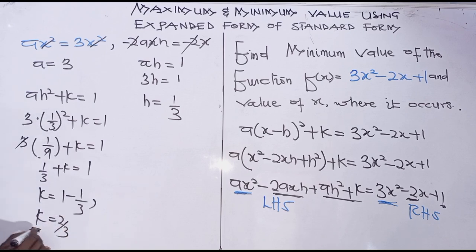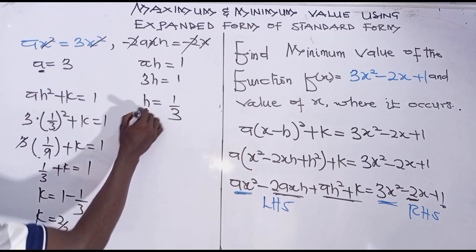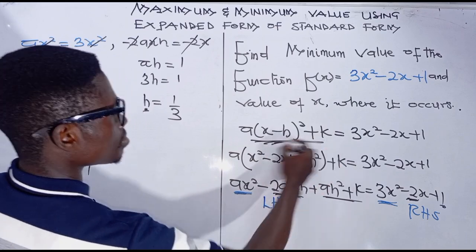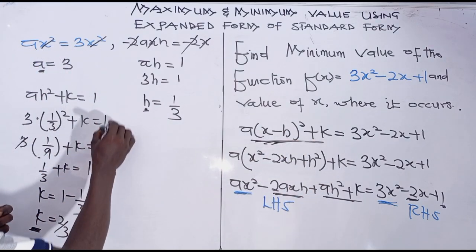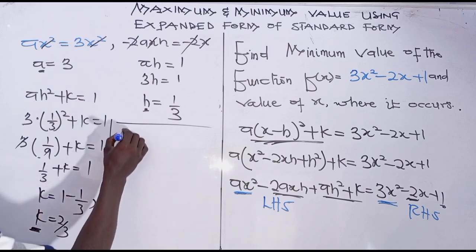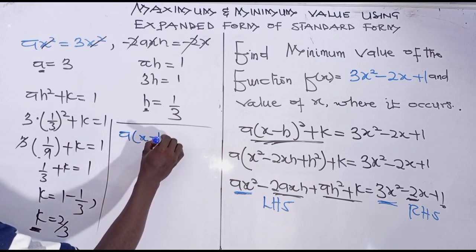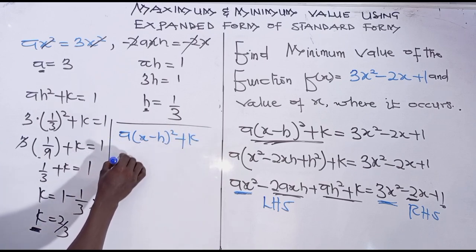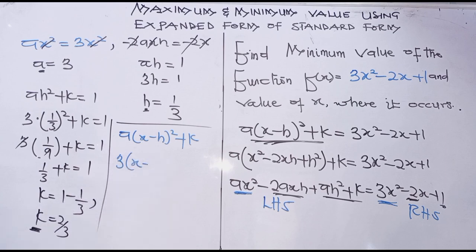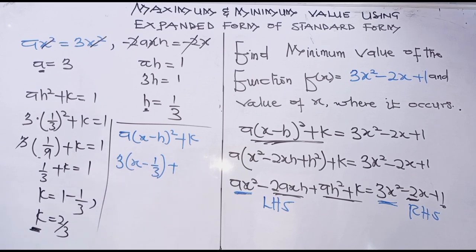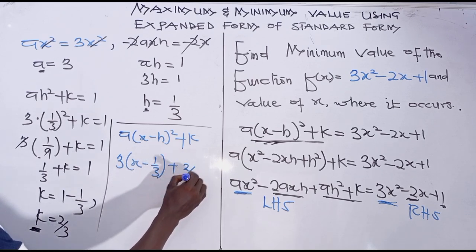Now, once you have the value of these variables, we are going to substitute them into the standard form of the quadratic function. So we have a(x - h)^2 + k. Our a is 3, x minus our h, which is 1 over 3, and then our k is 2 over 3.